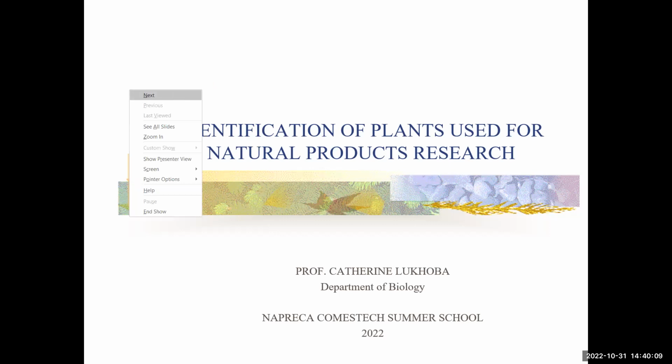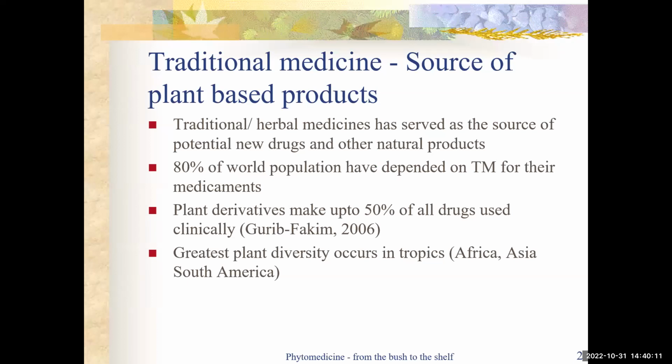So I'll begin where it normally begins, and that is at traditional medicine. Now we know that most of the plants that have given medicine usually have come from traditional medicine. It's how different communities have used plants, and we have tapped into that information and are able to identify plants that are of importance for medicine.